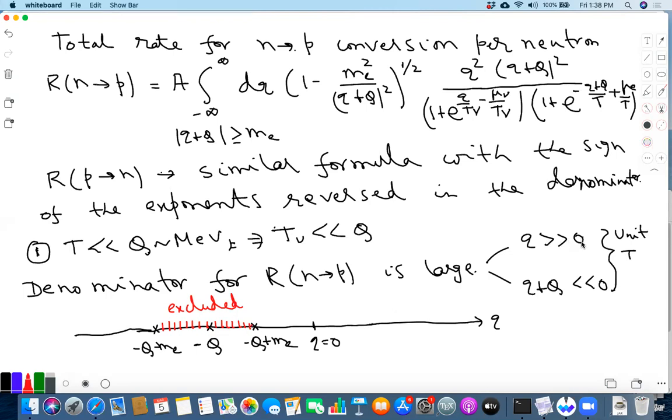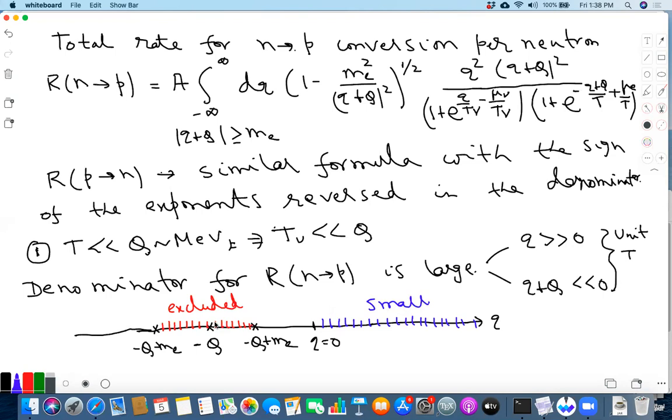Then what this is saying is that this region, the positive q region, the integrand is small. So in this region, the integrand is small.